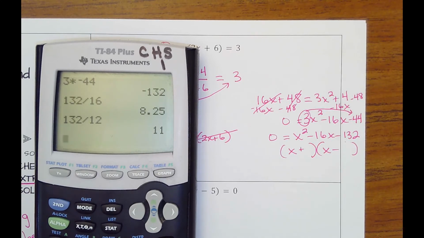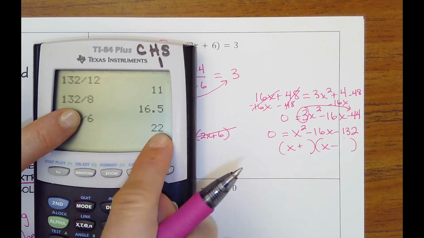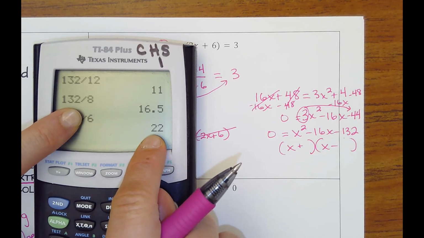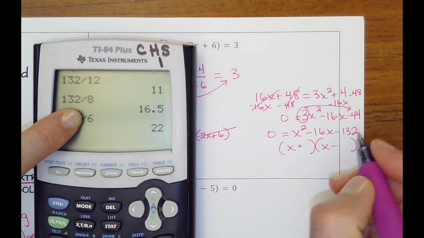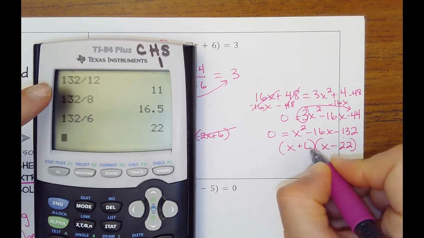They're only 1 away, so that's too big. I need to try smaller. No, not 8. 6. 6 and 22. I like it. Because 22 and 6, if I subtract those numbers, that's a difference of 16. I need it to be negative 16, so I would want that bigger number, 22, to be the negative, and then the positive number to be 6, right?